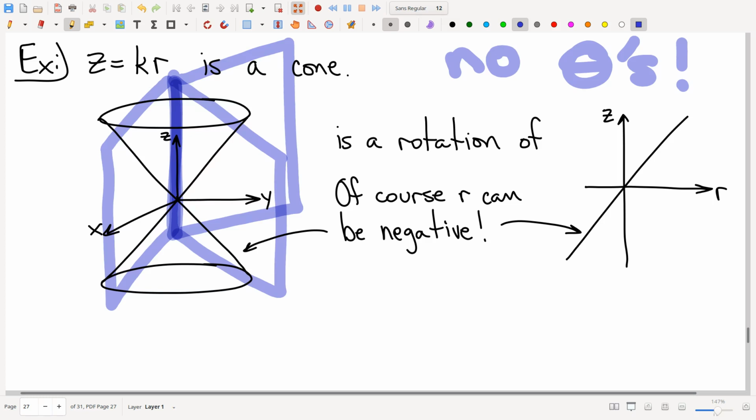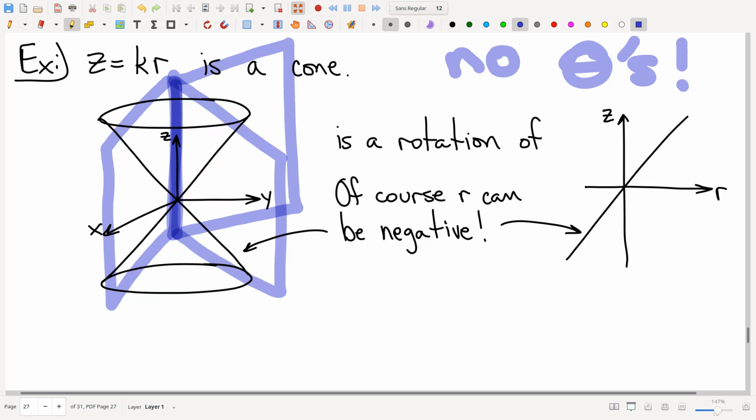That means all the cross sections in all of these theta slices, they all look exactly the same, which means it's rotationally symmetric around the z-axis. And again, very powerful geometric conclusion from a casual glance at the equation.